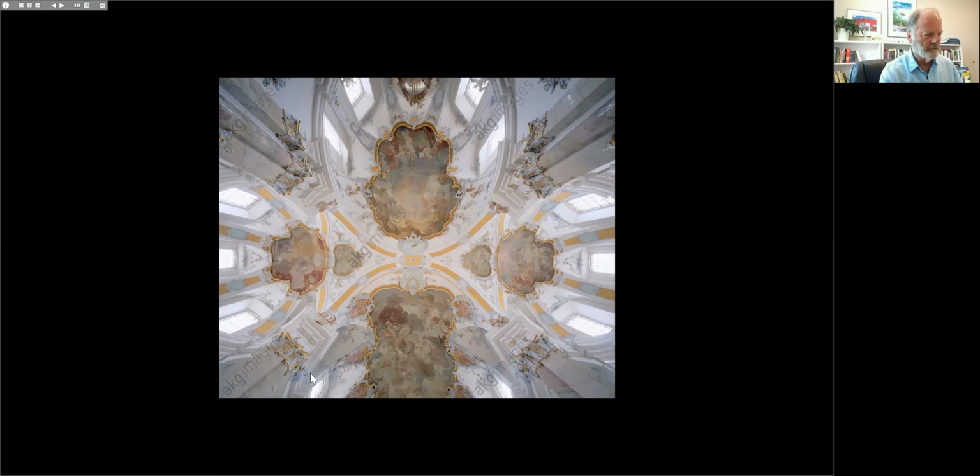There's another oval down here. These ovals project into the crossing area, which is suggested. There's an oval here suggested by the tops of the cornice, but we don't see it in the ceiling.